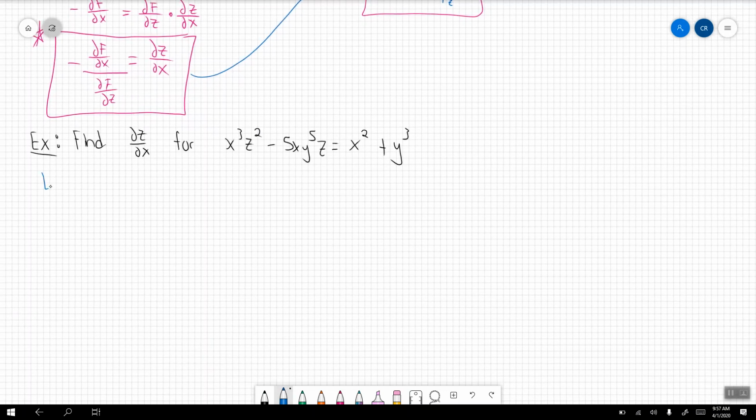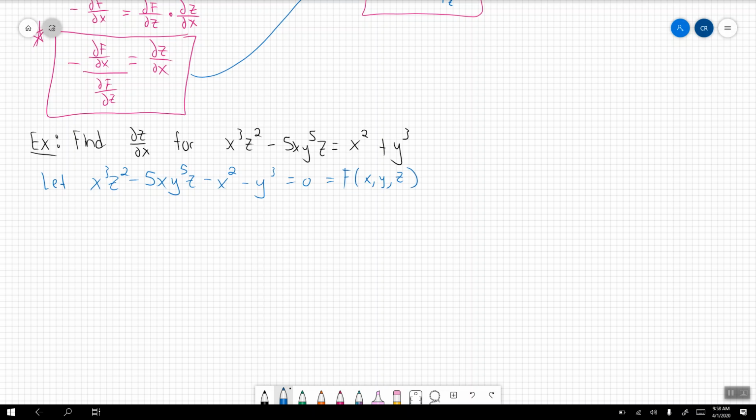Let's say x cubed z squared minus 5xy to the fifth z minus x squared minus y cubed equal to 0, or in this case, this is going to be my function F of x, y, z.